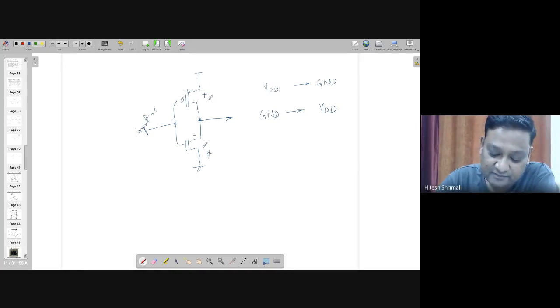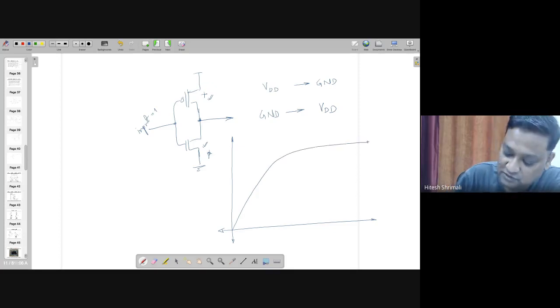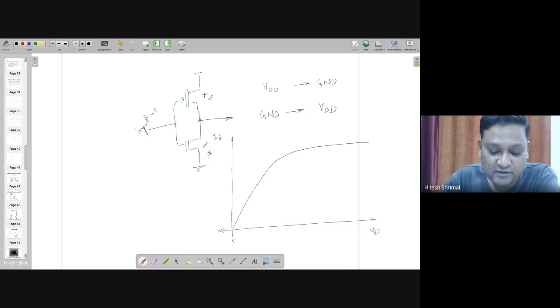So actually the IV characteristic of NMOS and PMOS has to be taken into account, so this is for NMOS. The reverse of the same is actually for PMOS.